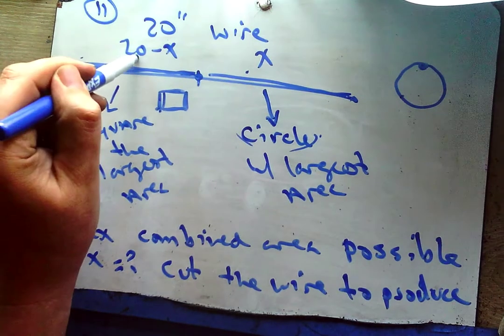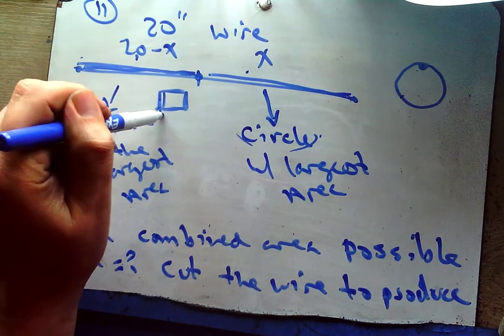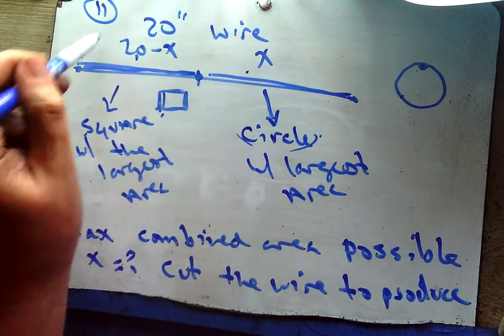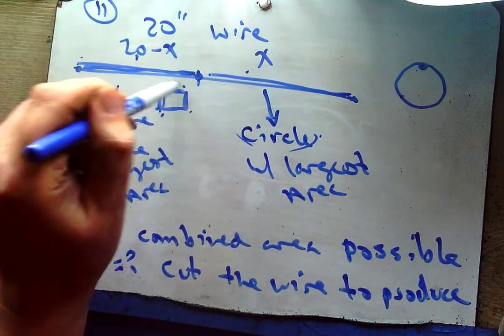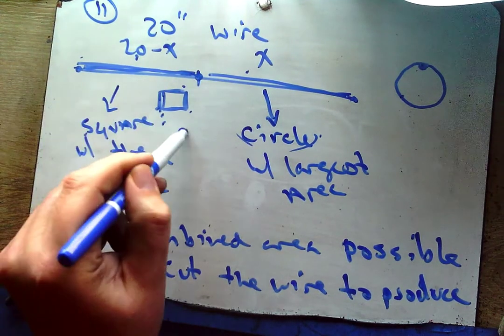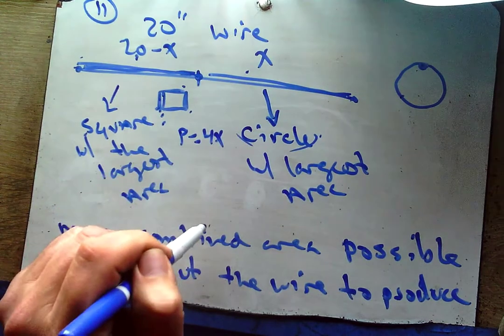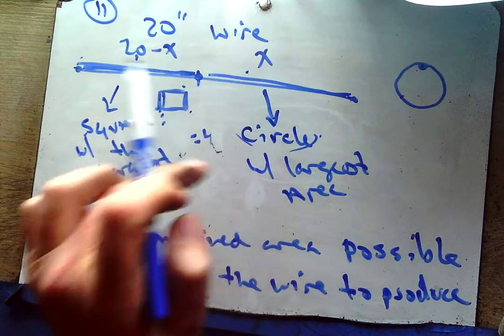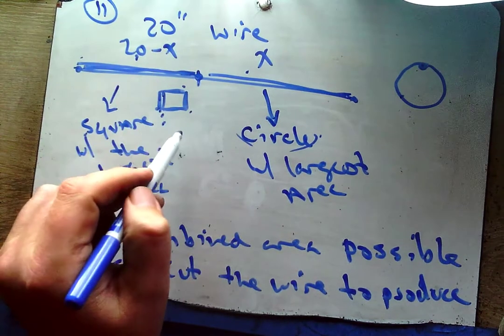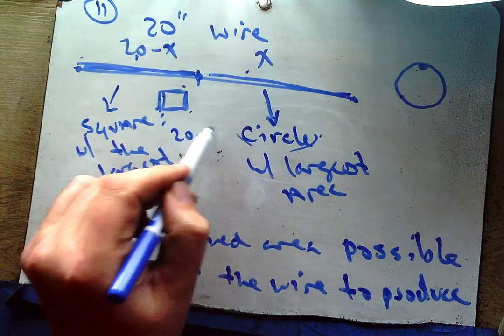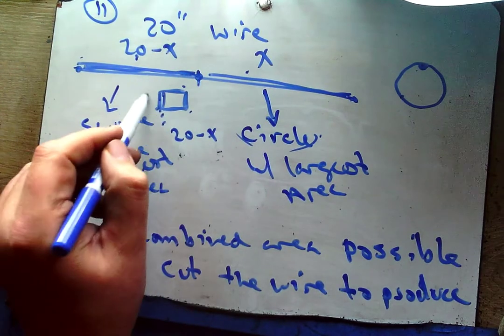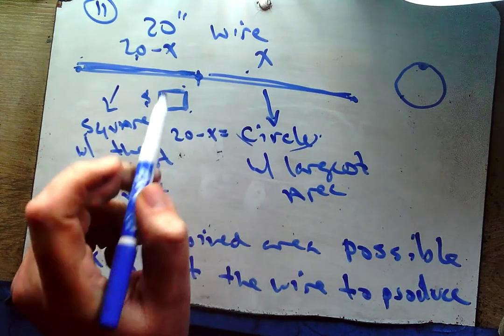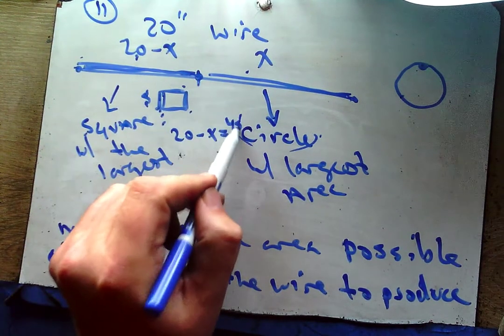I'm going to turn this into a square, which means I have to take this perimeter and turn it into 4 equal sides. I know perimeter is 4 times the side length for a square. Our perimeter is 20 minus x. Let's go with side length there. That was my problem. It is 4 of those side lengths.